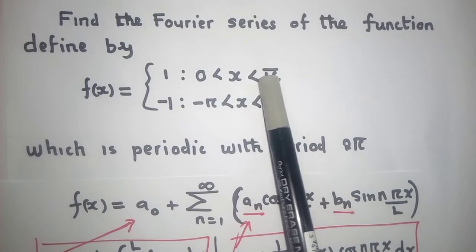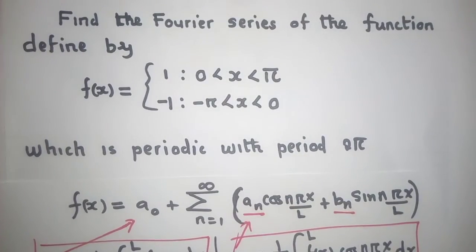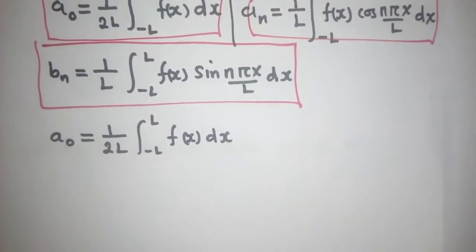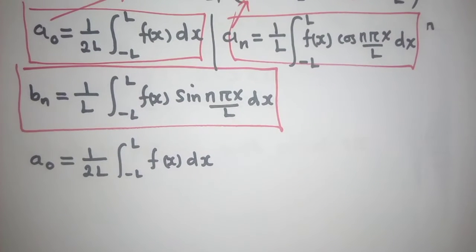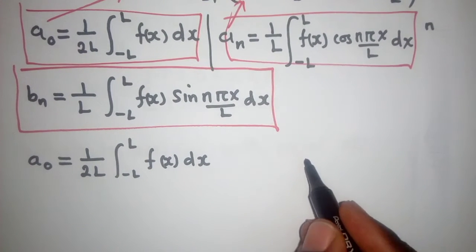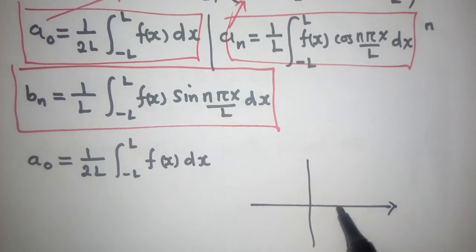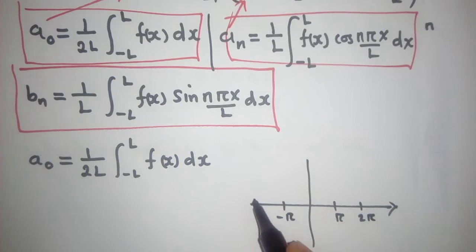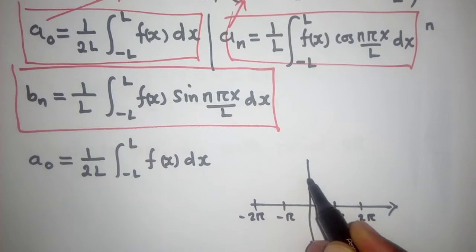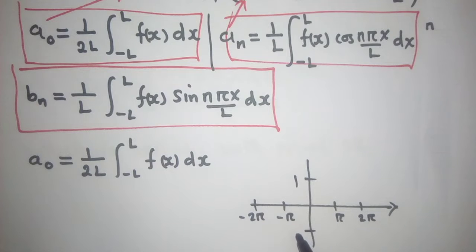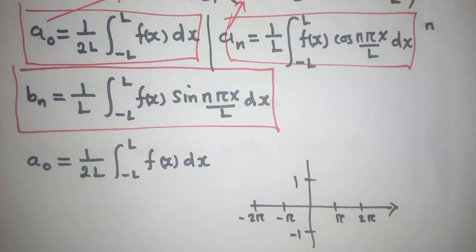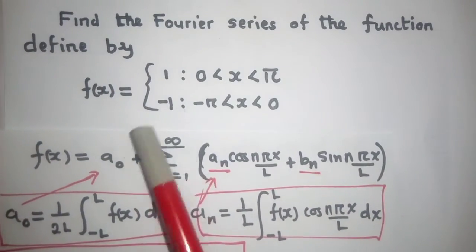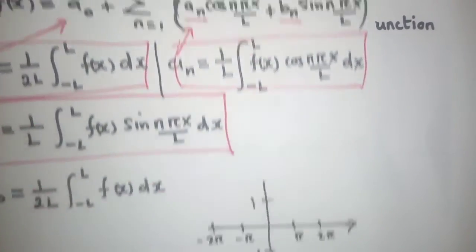Let me put up a graph so that we see what we are getting. So this is how the graph looks. We have pi, 2 pi, negative pi, negative 2 pi, and we have 1 and negative 1 here. So the graph for this question will look like this.